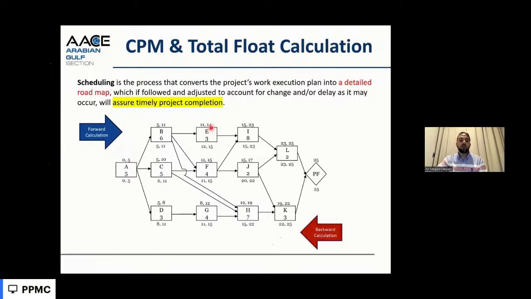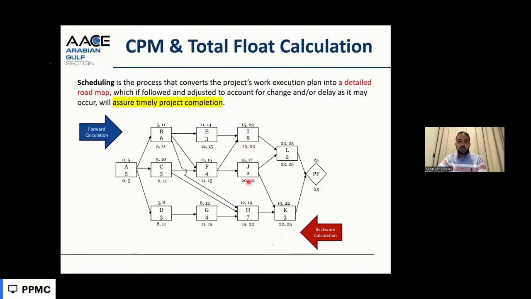After that, we make the backward calculation. From the completion of the project, the contractual completion, which we reached, which is 25 days here, we go backward and calculate the other start and finish dates, which are the late dates. So we have late finish and late start for each activity. For example, for activity I, the late finish is 23 and the late start is 15.